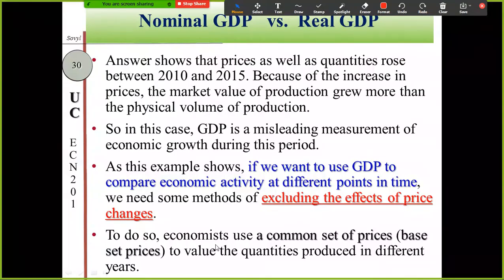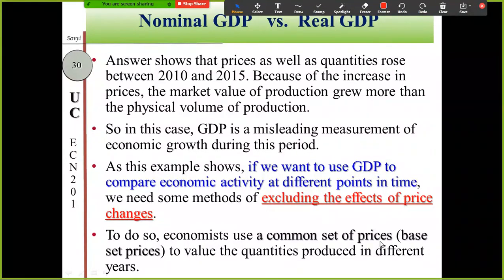To do so, economists use a common set of prices, or the base set of prices. What does it mean, a common set of prices? The prices from a common year, a common period. So for any period, any years, we use the price from this period.